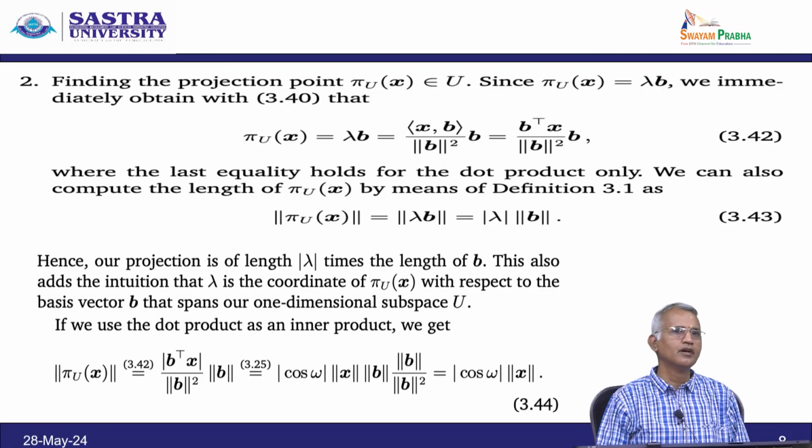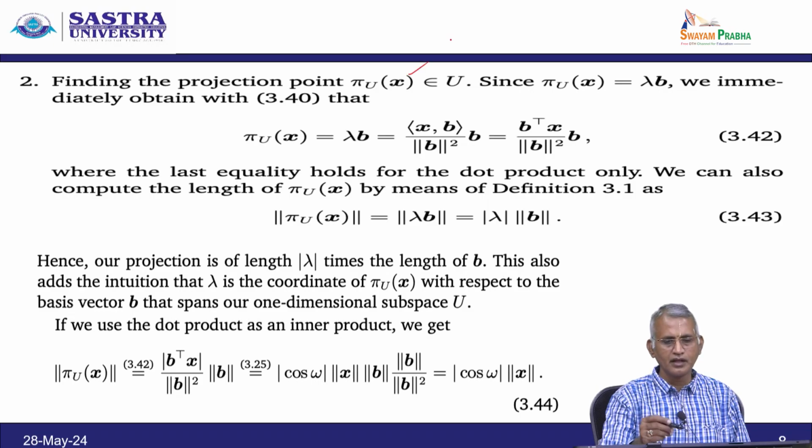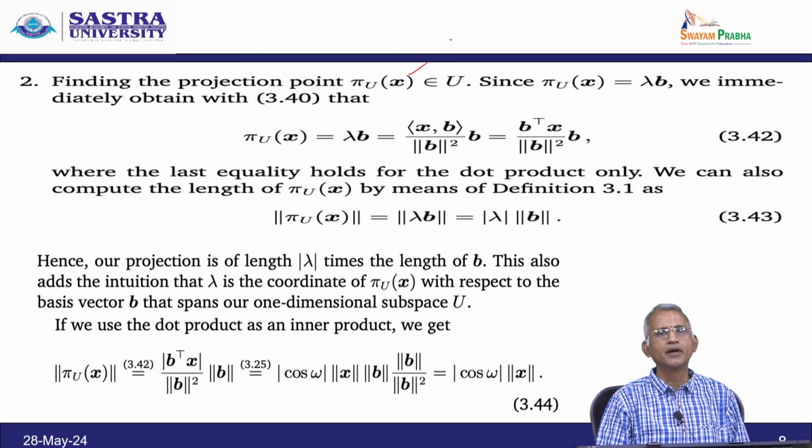Number 2, finding the projection point pi u of x in U. Since pi u of x equals lambda b, we immediately obtain from 3.40 that pi u of x equals lambda b, which is equal to the inner product x comma b divided by norm b squared, times b.